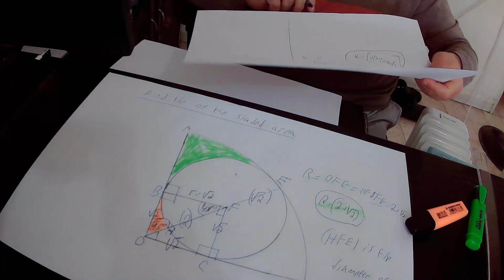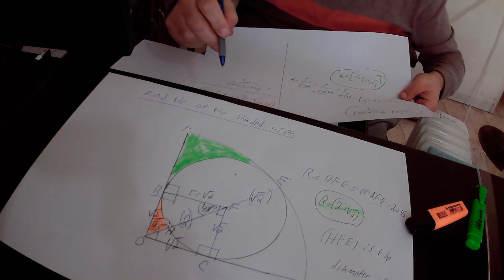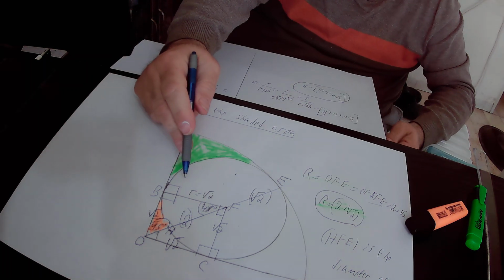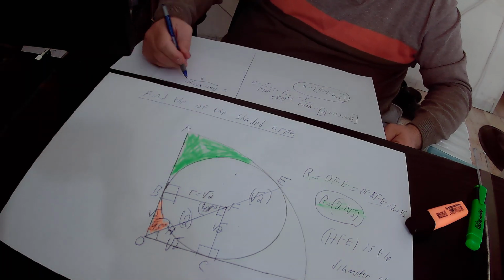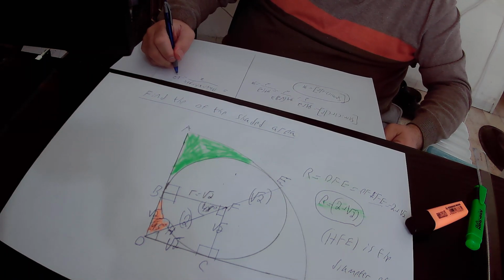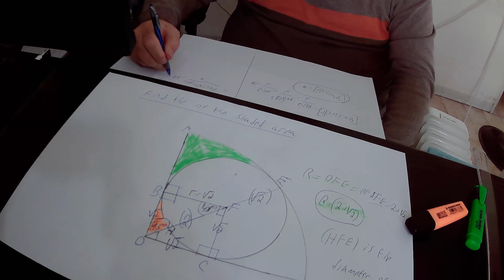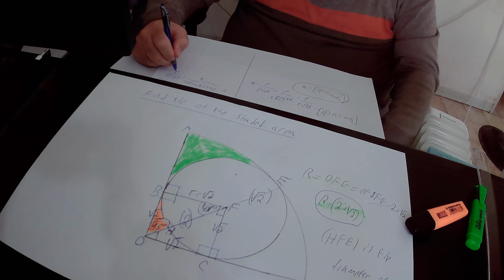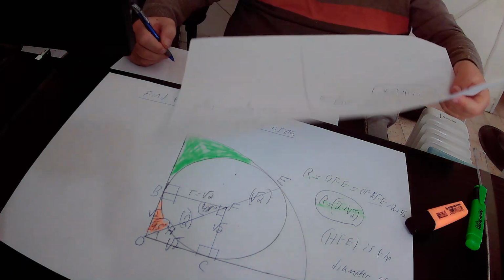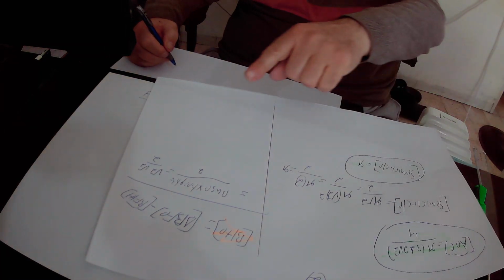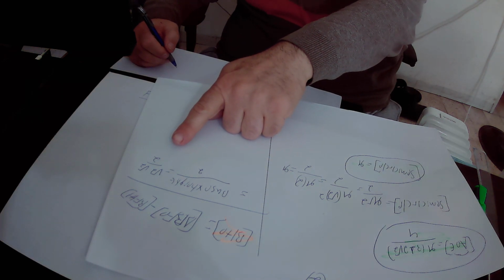So the base will be square root of 2 times the height to the base, which is also square root of 2, divided by 2. So the area of triangle BFO equals square root of 2 times square root of 2 over 2.